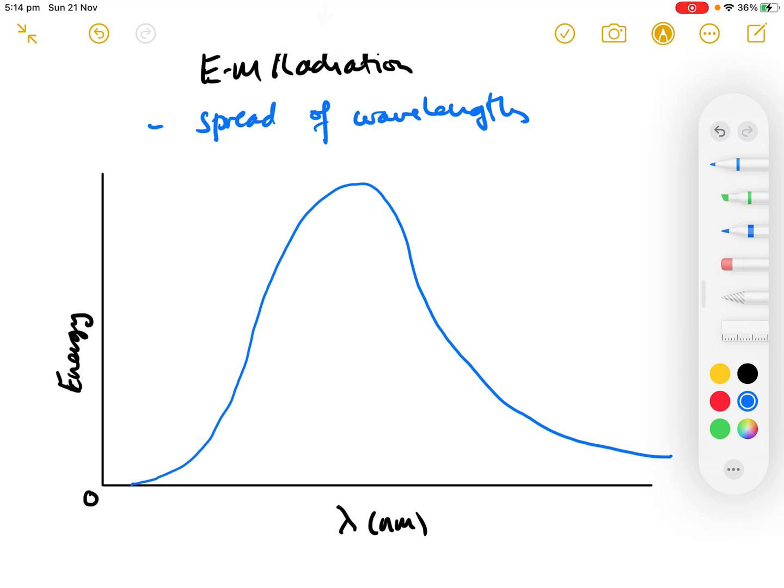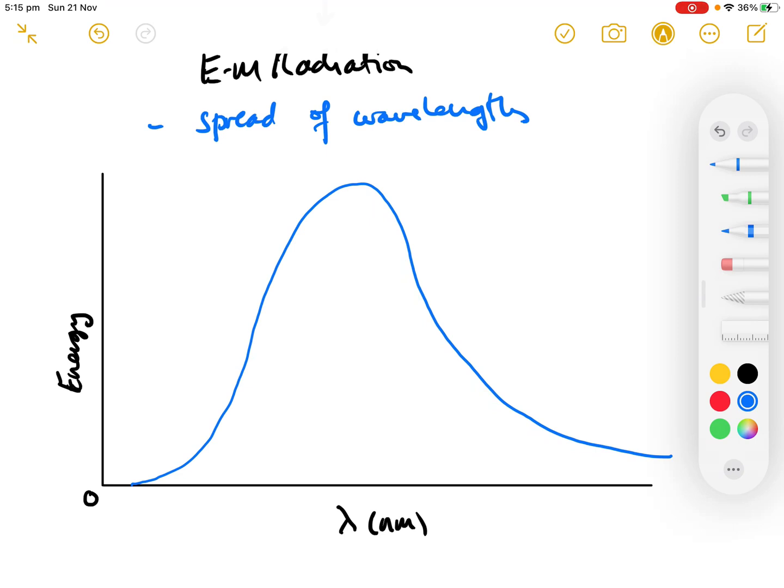It sort of takes longer to reach the x-axis on the right hand side of the graph than it does on the left. It's more steep on the left if you like, and less steep on the right. And it also peaks at a particular wavelength as well. So those are the two sort of features of it.